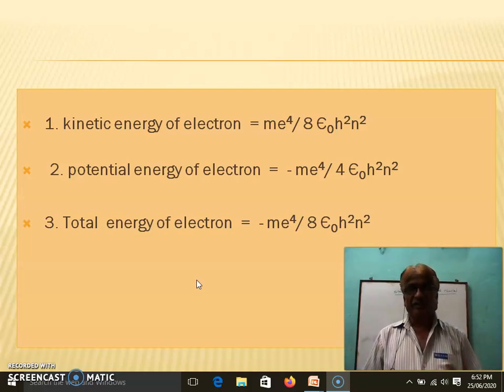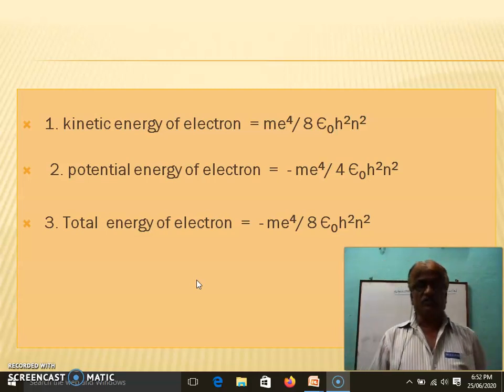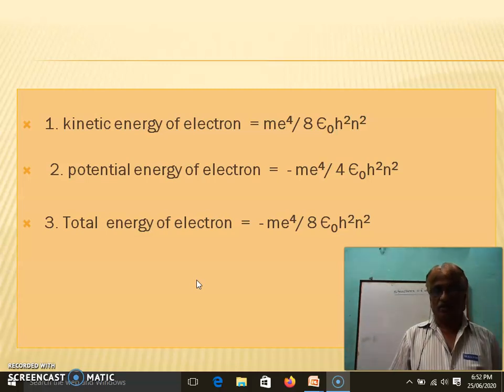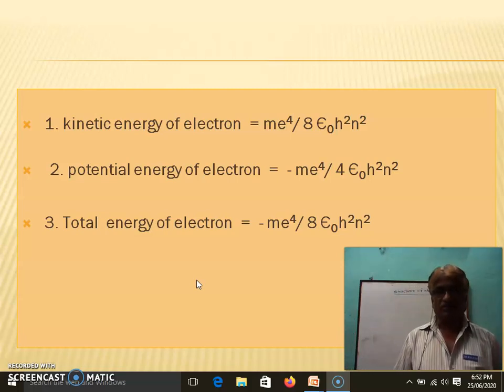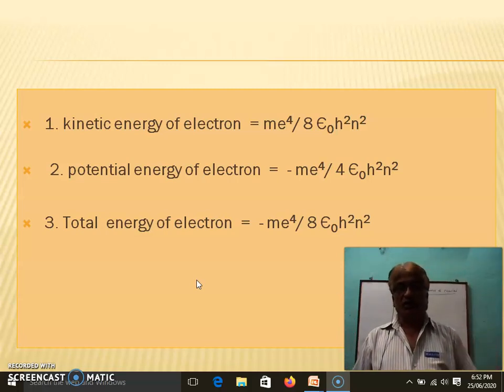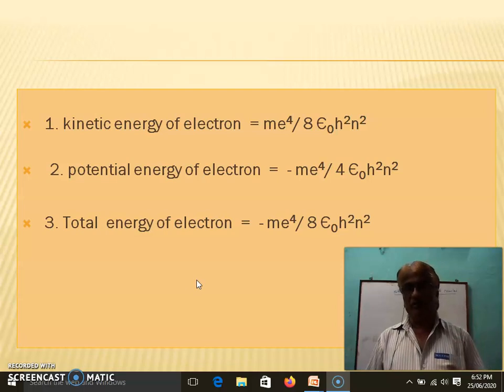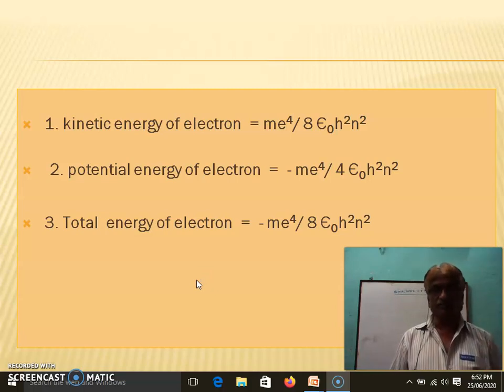When we add the kinetic energy of the electron and the potential energy of the electron, the total energy of the electron in the hydrogen atom will be minus m raised to 4 upon 8 epsilon 0 h square bracket multiplied by 1 upon n square. That means if the bracket term is constant, then the total energy, kinetic energy or potential energy of the electron will be inversely proportional to the square of the principal quantum number.